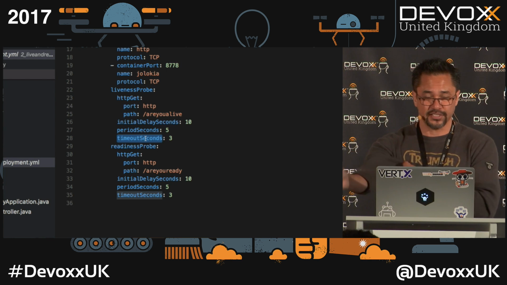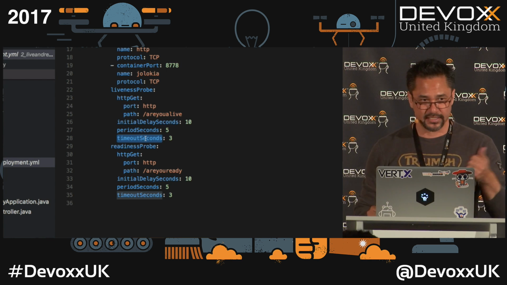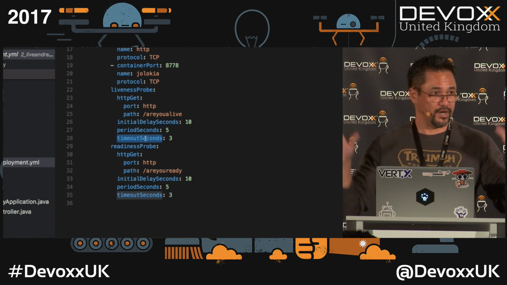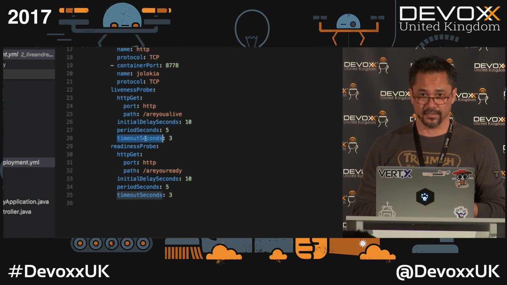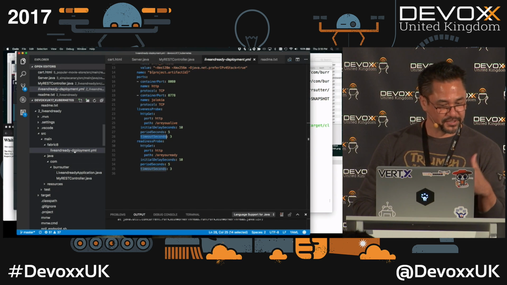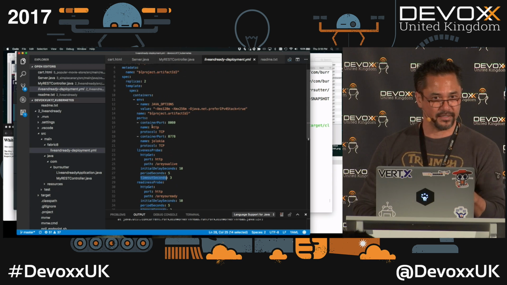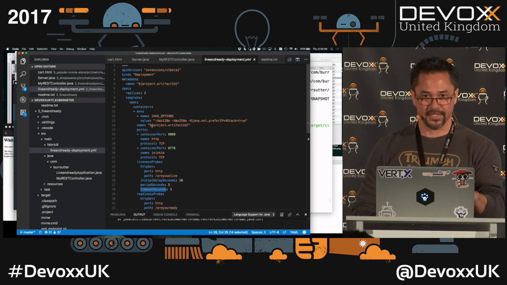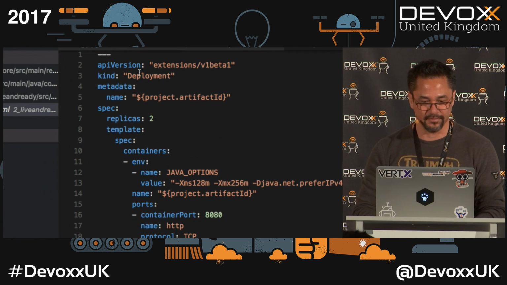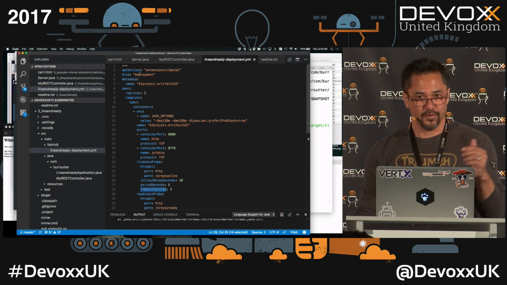In the case of readiness, you would do things like make sure your database connectivity is there, ensure your caches are warmed up, and ensure that everything else is ready to rock, and then you're ready to be part of the load balancer. Okay? So that's what those two are for, and this is a good example where in Fabric8 we couldn't make the assumption, but you just add this little bit of YAML. Again, it's typical YAML like you would see in a Kubernetes world. It's just a deployment right there, and then you deploy with it.